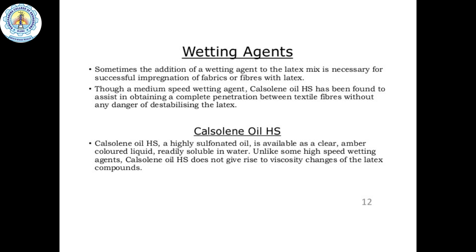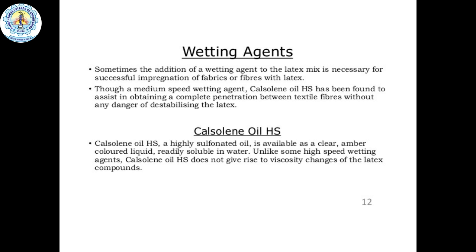Coming to another ingredient, wetting agents. Sometimes the addition of a wetting agent to the latex mix is necessary for successful impregnation of a fabric or fibers with latex. Though a medium speed wetting agent, Calsolene Oil HS has been found to assist in obtaining complete penetration between the textile fibers without any danger of destabilizing the latex.